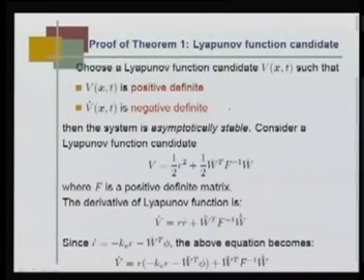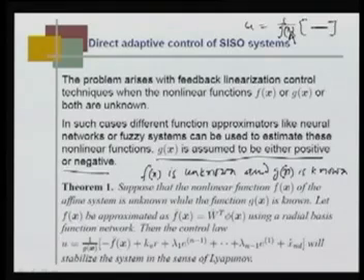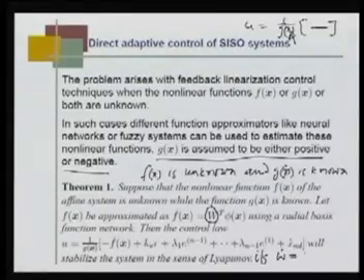So, proof of theorem. Now, how do we show that this is stable? What is the problem? The problem is that we have to find a law that will stabilize the system. So, the control law will stabilize the system if W hat dot is some update law, which we have to find out.